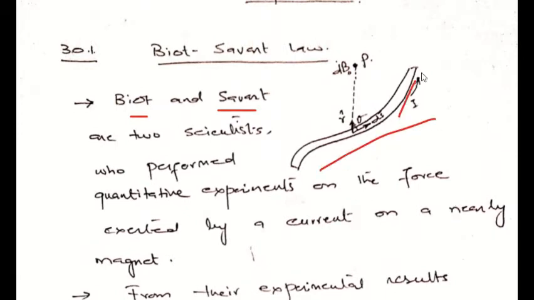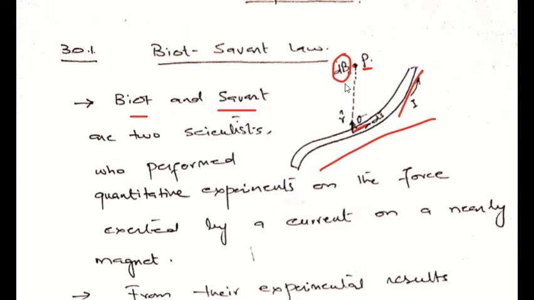The current is in this direction, and obviously the direction of the length element is in the direction of the current. So this is the direction of this length element ds, and we have to calculate dB over here, that is dB at point P.